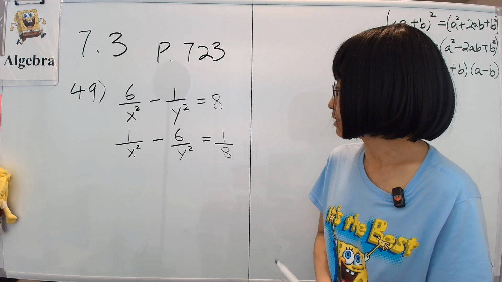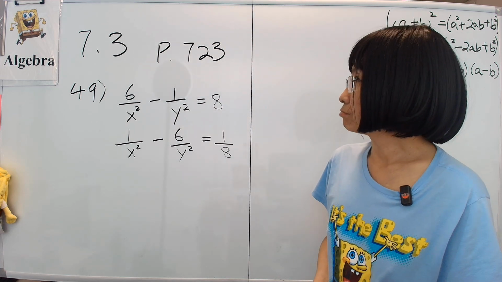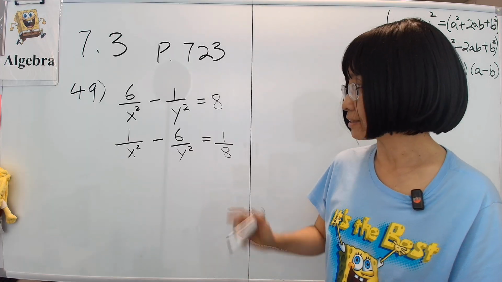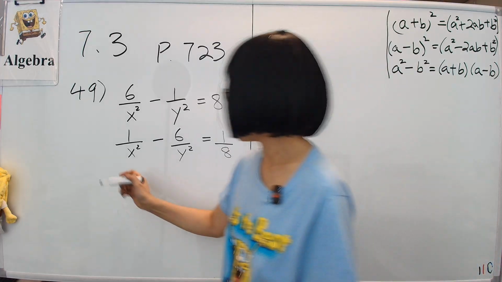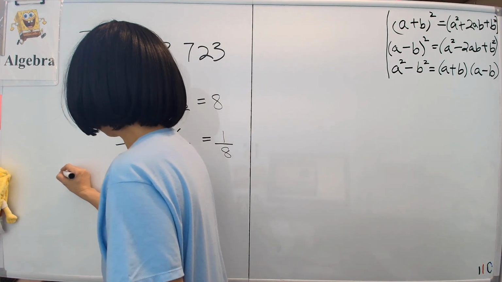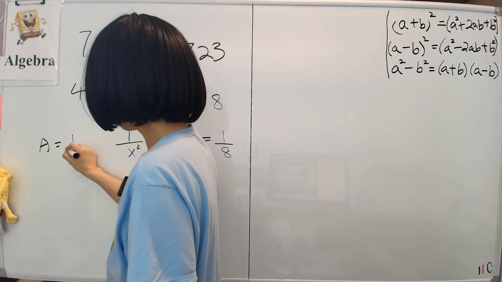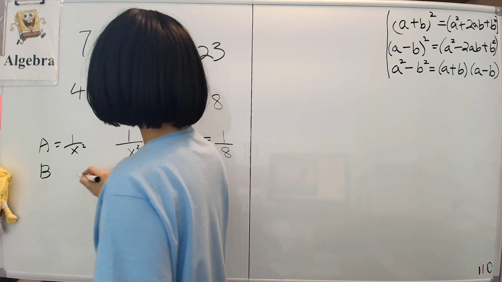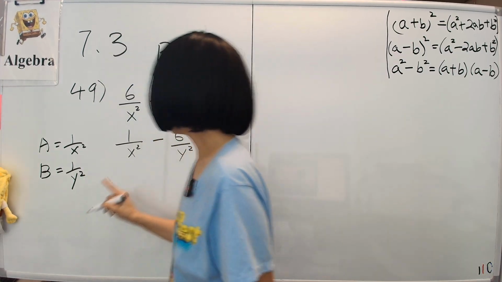Okay. So let's solve this thing like this. We'll let a equal 1 over x squared, and b equal 1 over y squared. So then we'll rewrite this.